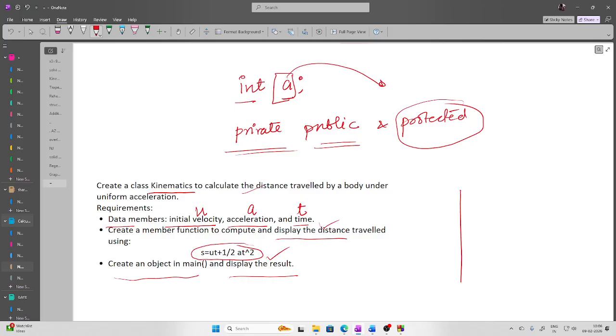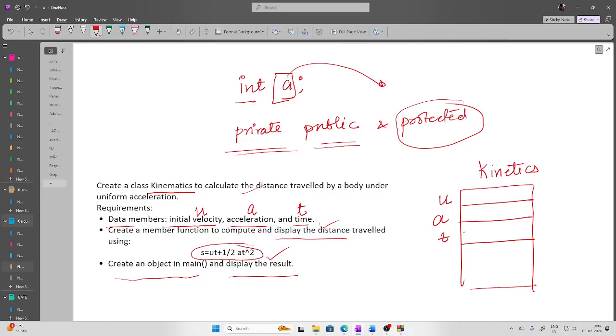Let us think about what it is saying: I have an object of kinetics. It has three data members: U, A and T. Then you have some member function to evaluate the displacement and one to display.